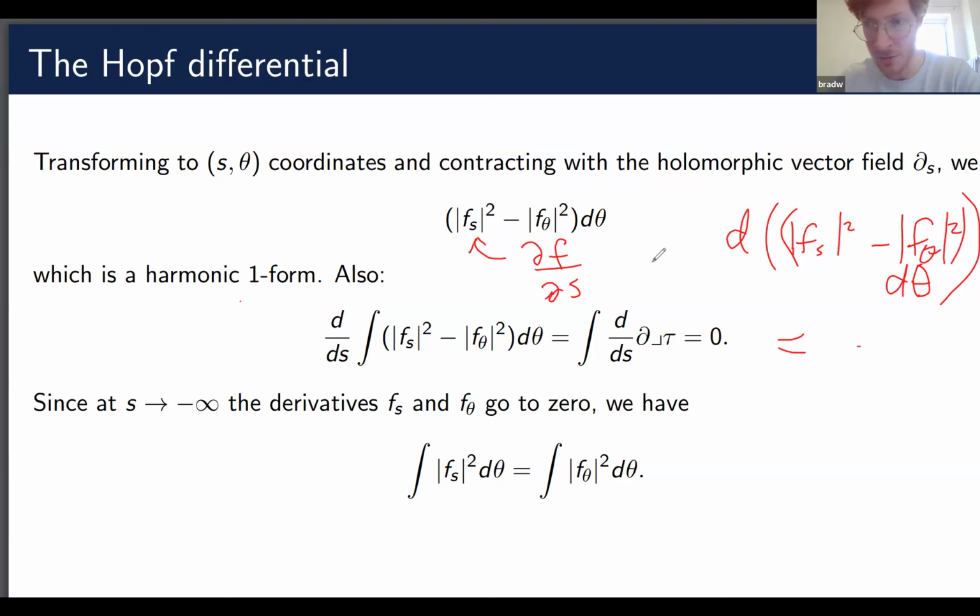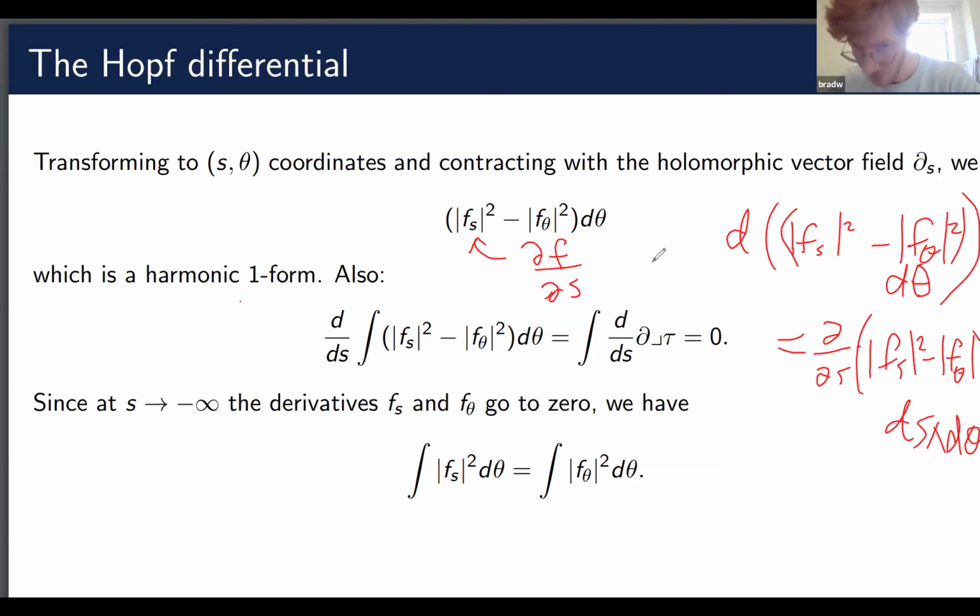So we're just left with the term that looks like the derivative with respect to s of the norm of f_s squared minus the norm of f_theta squared, and then ds on the end of that, and wedge d theta.